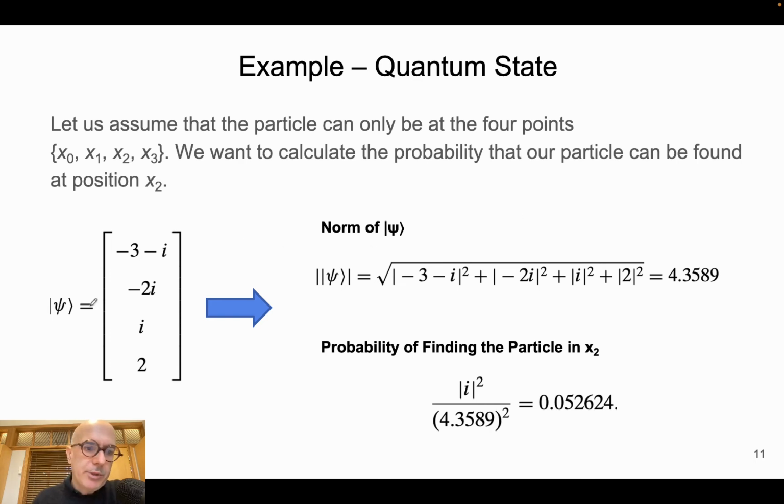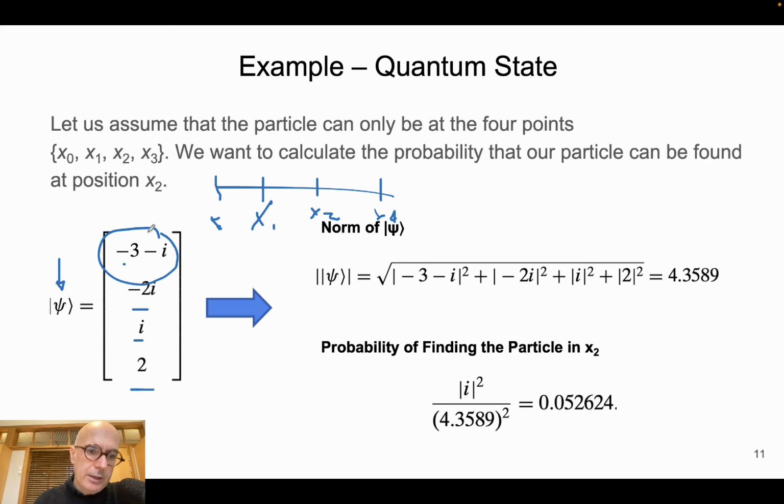We have our quantum state that we denote as a ket vector, psi. This is a column vector, and we have 4 elements. So our particle can be only in 4 different positions: x0, x1, x2, and x3. Each of these numbers tells us the probability of finding the particle in one of these 4 positions.